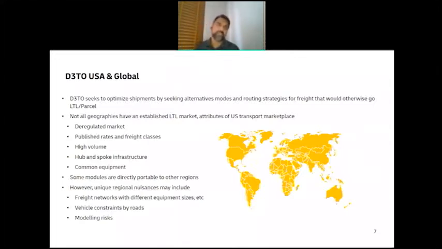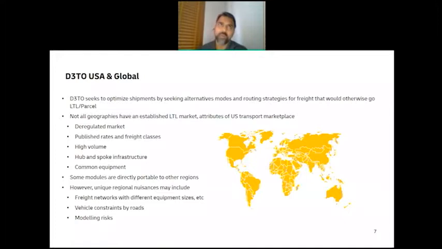Another interesting aspect of D3TO is we've been working to develop a global version, and we are getting really close to it. What we did is initially we took all the constraints and aspects of transportation networks within the US, and based on that we developed the modules within D3TO.